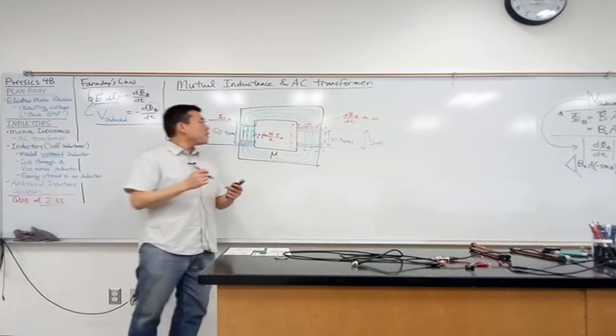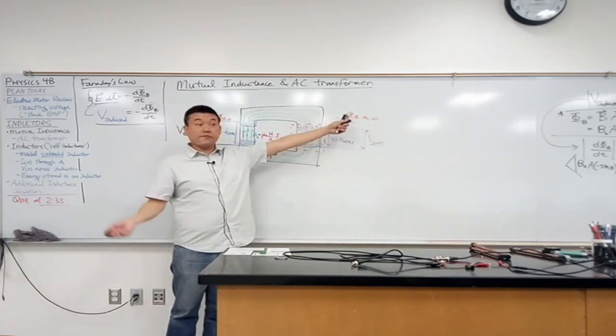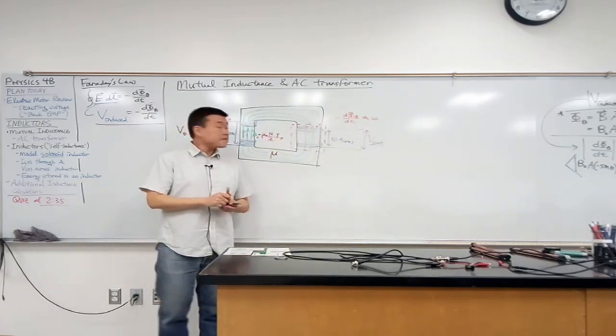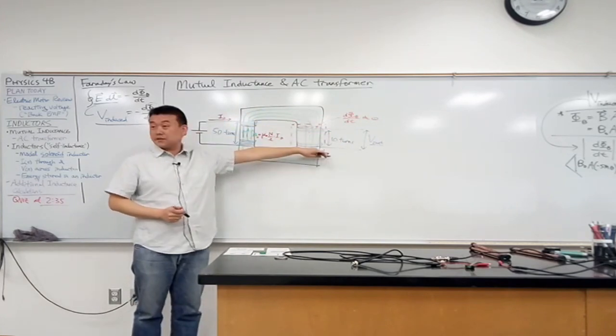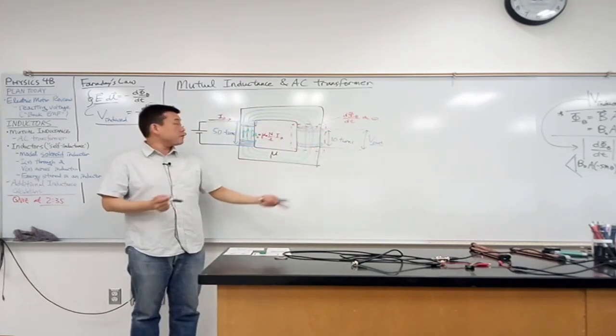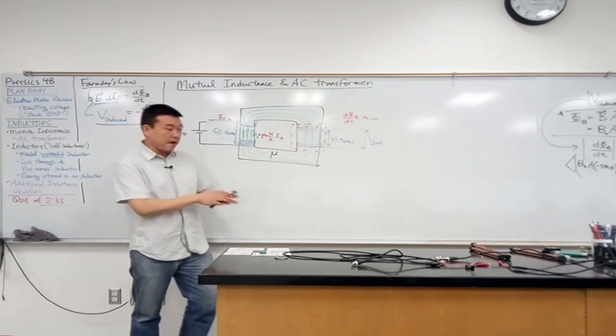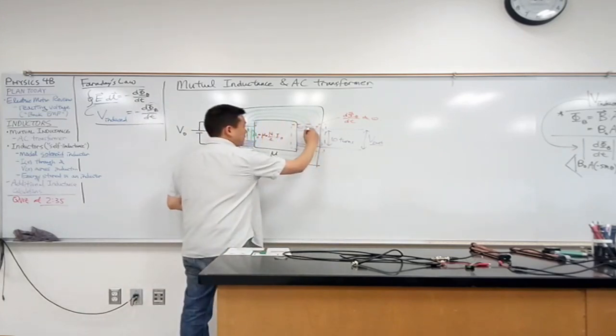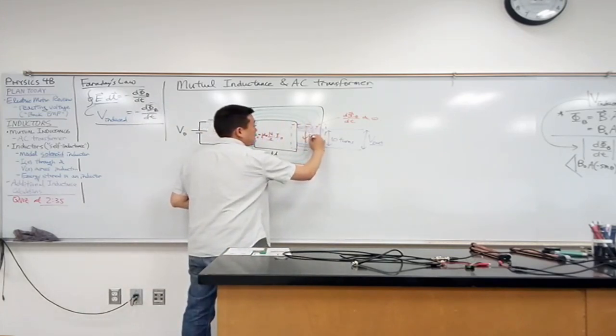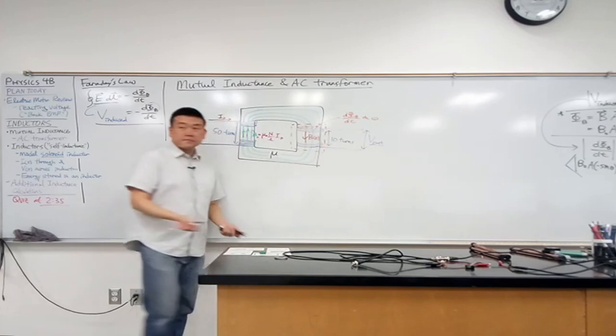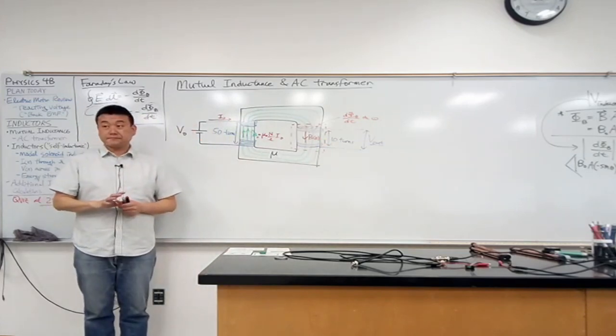Or non-zero change of magnetic flux. You can see that nothing in the geometry will change as a function of time. So that means we have to change the magnetic field somehow. We have to make the magnetic field going through here a function of time. How would you do that?